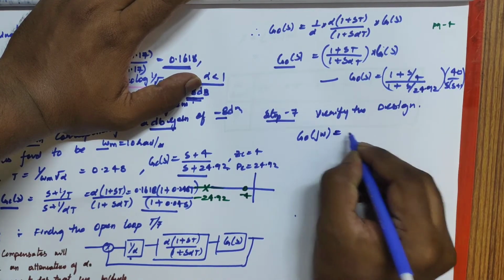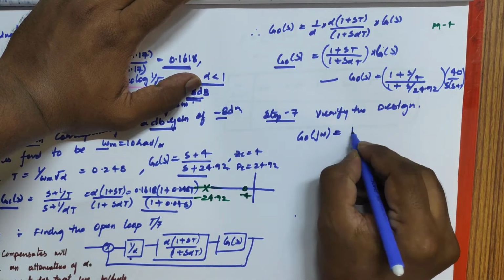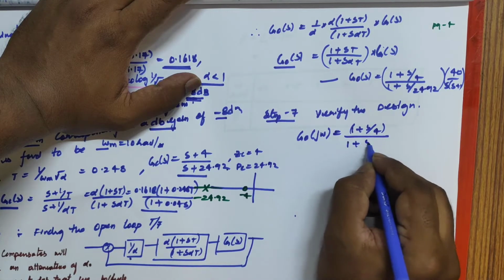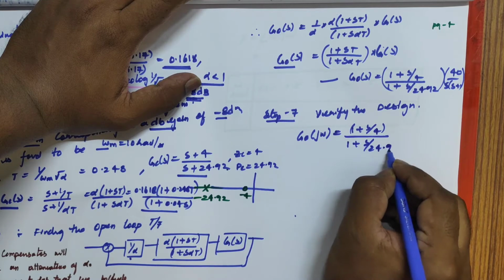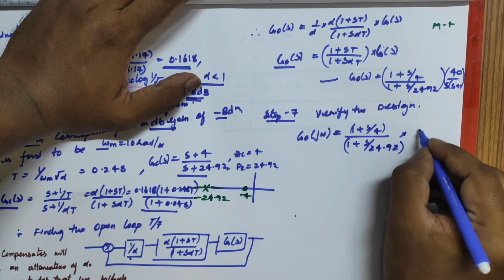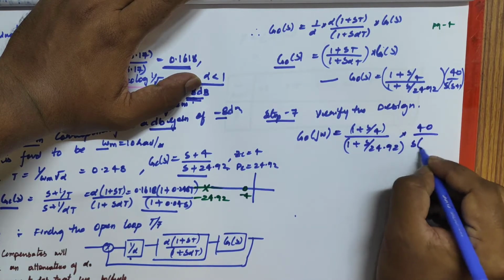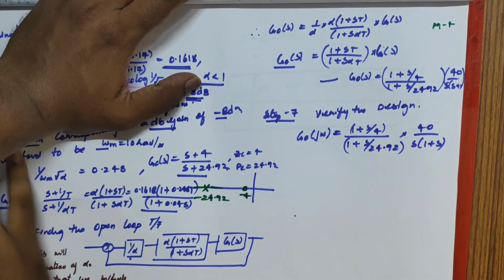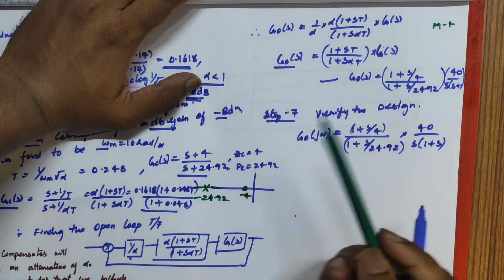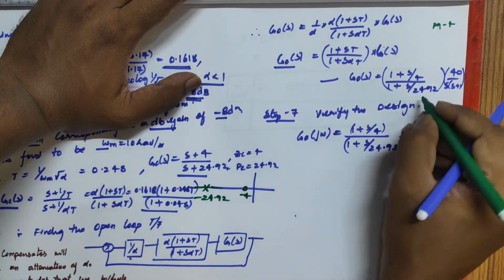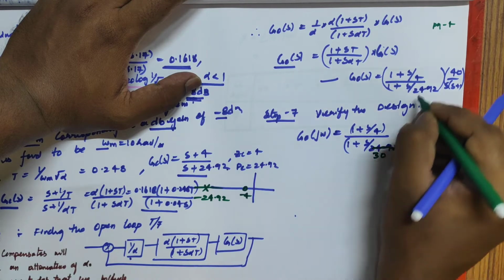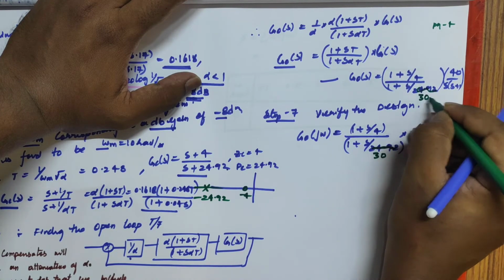Now we have to do the verification, that is (1 plus s by 4) by (1 plus s by 24.92) into 40 by s into (1 plus s). Instead of 24.92, I can take approximately 30, so that no ambiguity should be there.